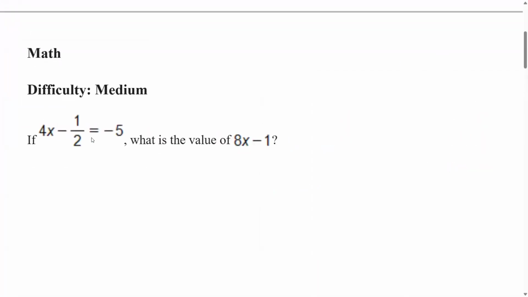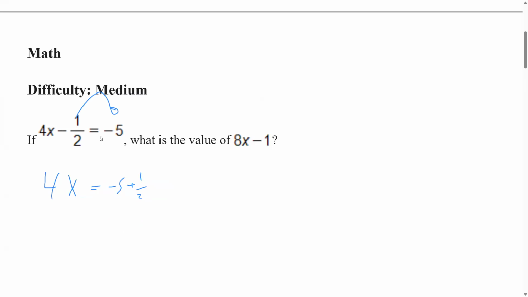What is the value of 8x minus 1? We will shift this to the other side. It will give you 4x equals minus 5 plus 1 over 2. This is minus 10 plus 1, so it would be minus 9 over 2.